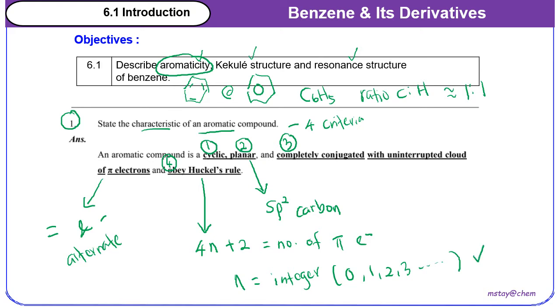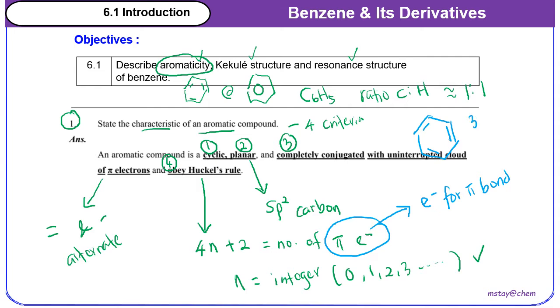So let's look at what we understand about pi electrons. Electrons for a pi bond are considered pi electrons. Like we just said, a benzene ring consists of 3 double bonds.